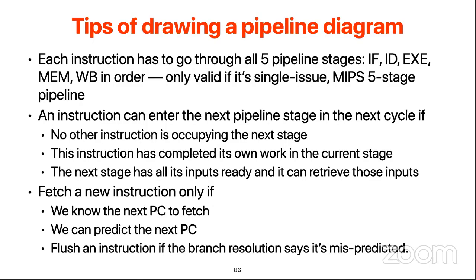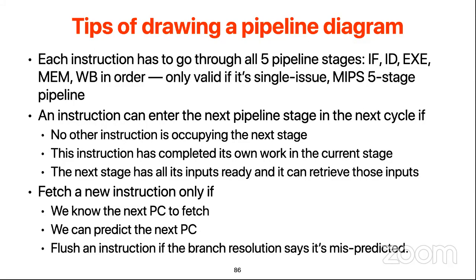So this is a very important slide. We have a lot of homework questions regarding how to draw a pipeline diagram. So here it is, right? Every instruction needs to go through 5 pipeline stages, because we want to avoid structural hazards.